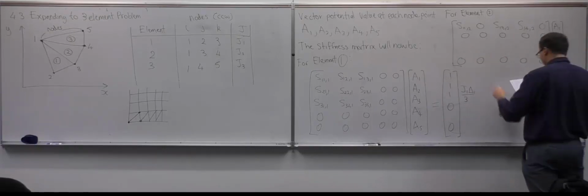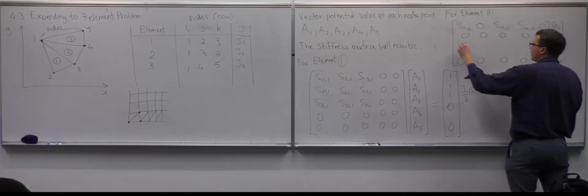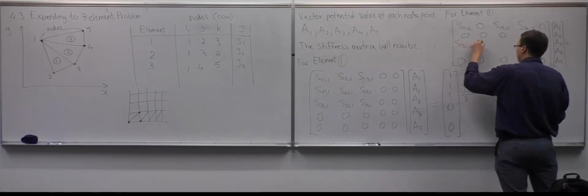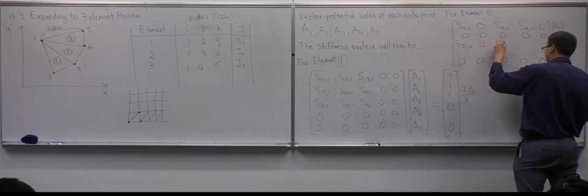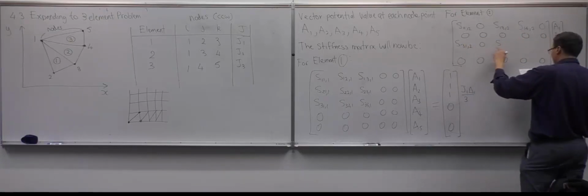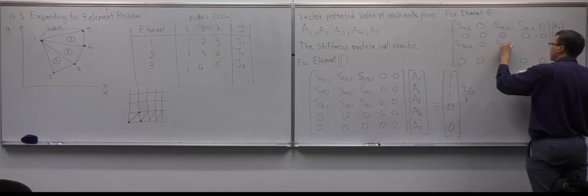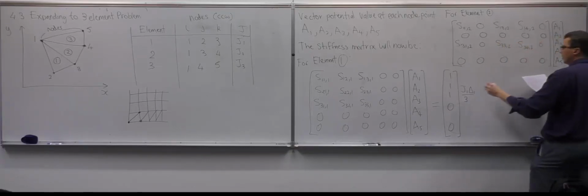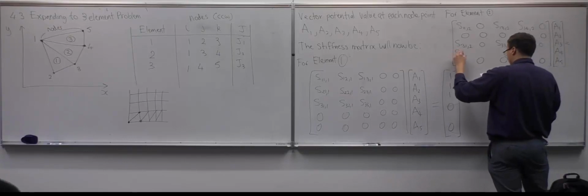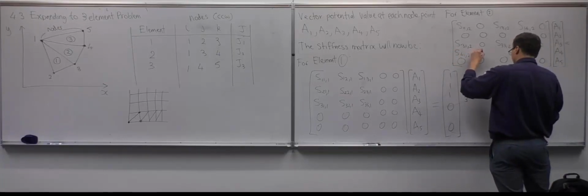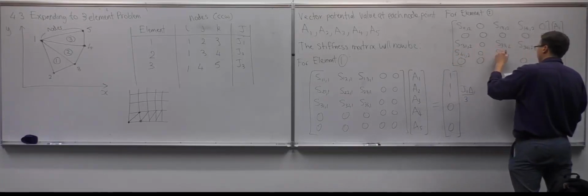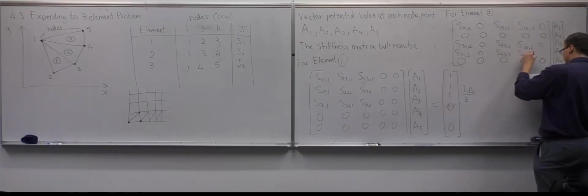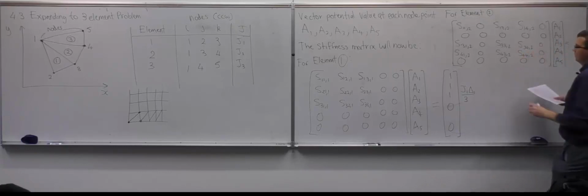And then the next two have values, so we've got S312, 0, sorry, S312, and then S332, S342, 0, and then S412, 0, S432, S442, 0, like that.